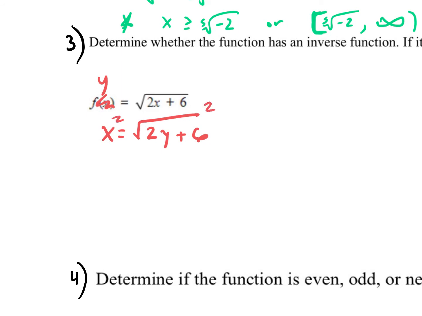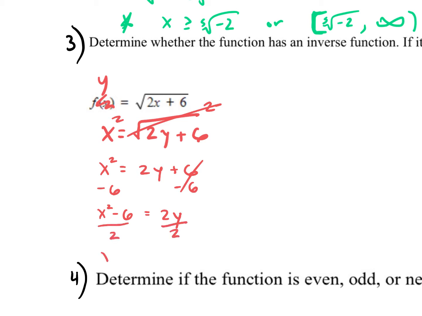Square both sides. So that cancels. So x squared is equal to 2y plus 6. What should I do next? Move the 6. So I'm going to subtract 6 on both sides. So x squared minus 6 is equal to 2y. Now what should I do next? Divide by 2. So x squared minus 6 over 2 is equal to our inverse.